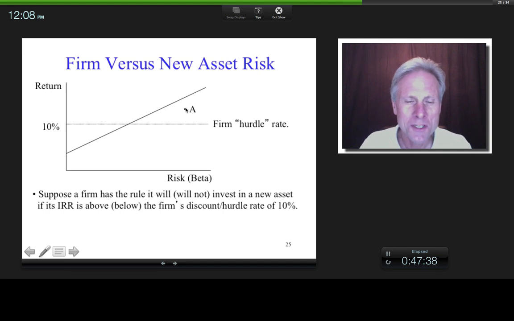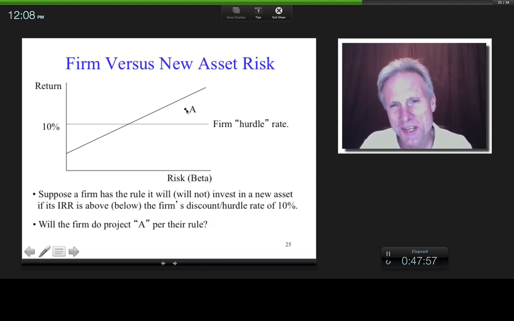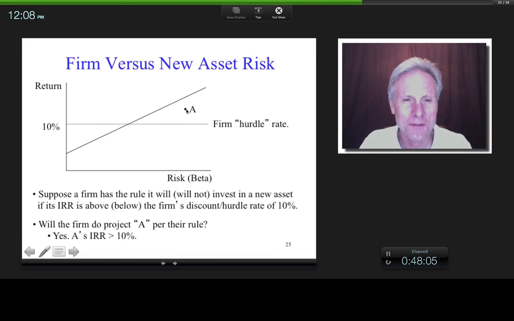So here we have project A, and is project A higher or lower than the hurdle rate? It's higher, right? Their internal rate of return is basically going to be higher. So per the rule, would they do the project? Would they say, yes, full speed ahead, let's do it? They would, right? The internal rate of return is basically greater than 10%.